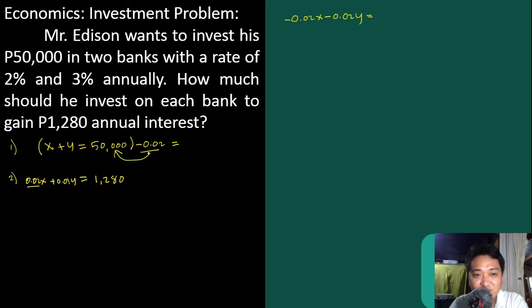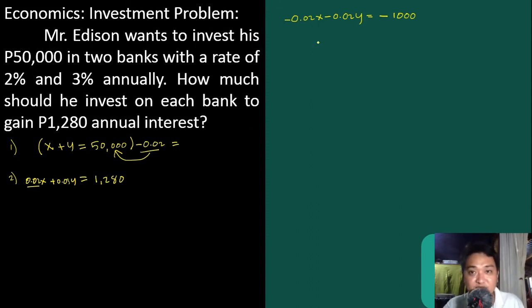So, 50,000 times negative 0.02. That is negative. Kung i-check nyo lang po using our calculator, that is negative 1,000. Sige, check na natin. 50,000 times negative 0.02.